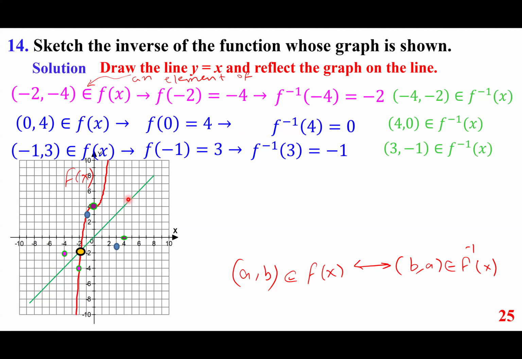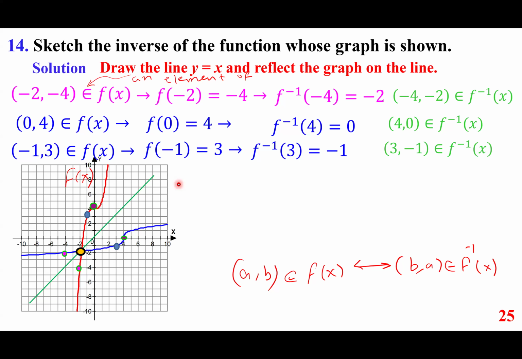So this point, and I made it huge, it's always the case. If any one of those graphs crosses a point on that line y equals x, the other one must also cross. So you can see it goes like that, looking like that.